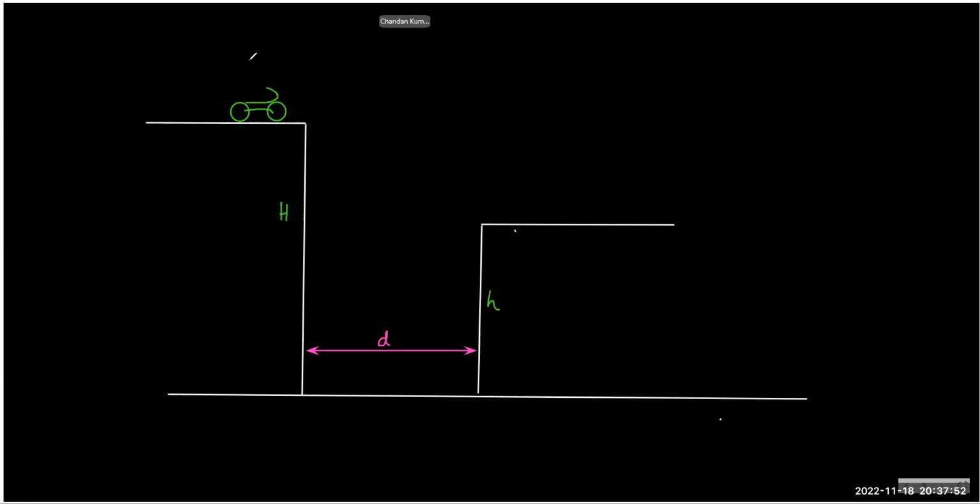So he's a stuntman. What is the minimum speed required to safely land on the other side? Minimum speed to land on the other side. Tell me. Solve this question. It's a simple question.